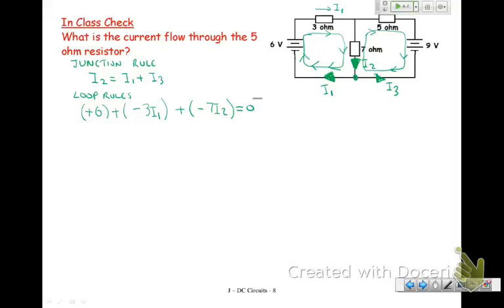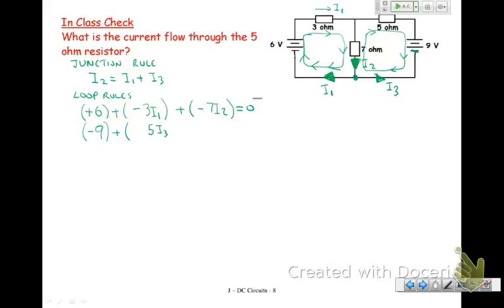So let's look at the second loop. It's a 9 volts EMF, and is it a positive or a negative 9? It's negative because the loop leaves via the negative terminal. And then we add on to that, and I'm going to look at my 5 ohms next. It's going to be 5I3.